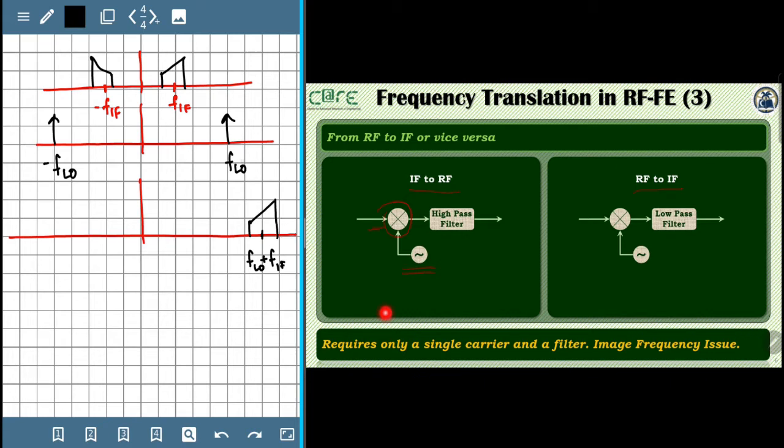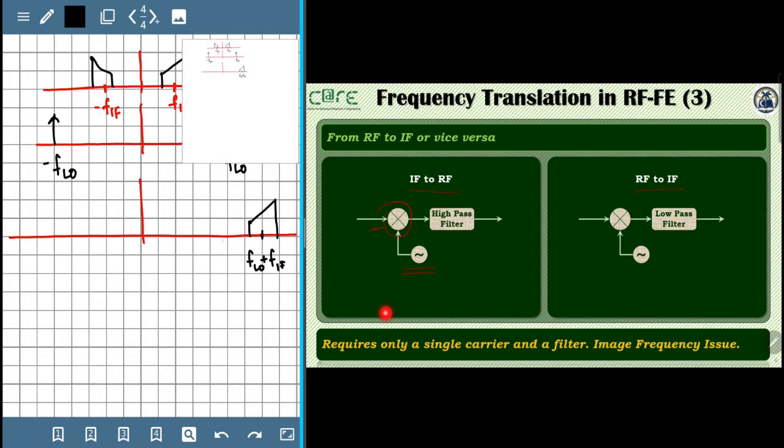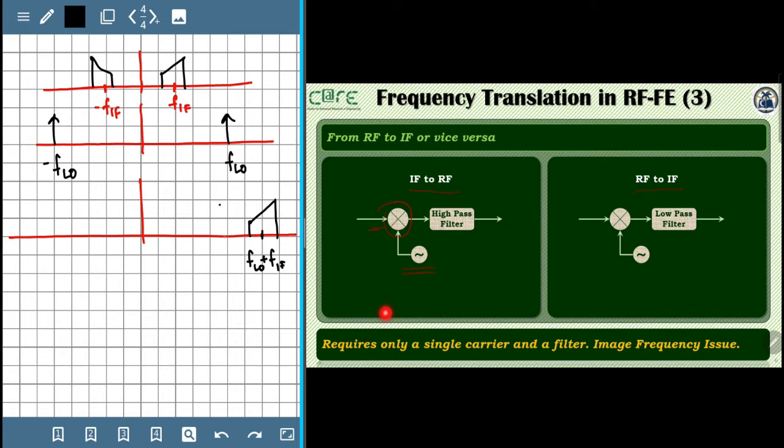There will similarly be a signal at F_LO minus F_IF, and the spectrum of this signal would look like this.